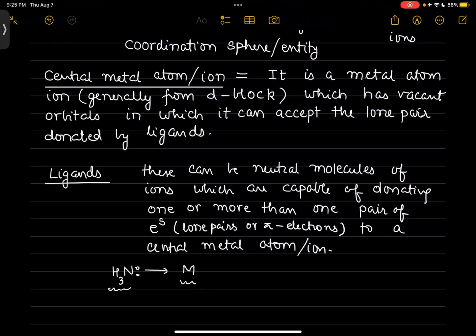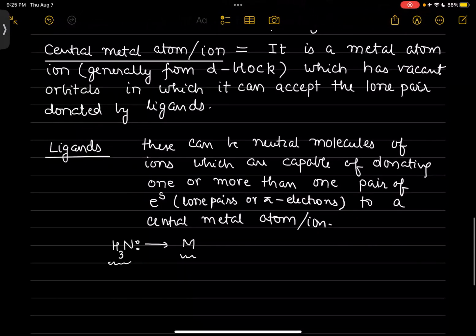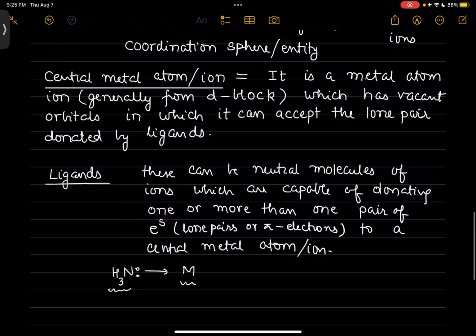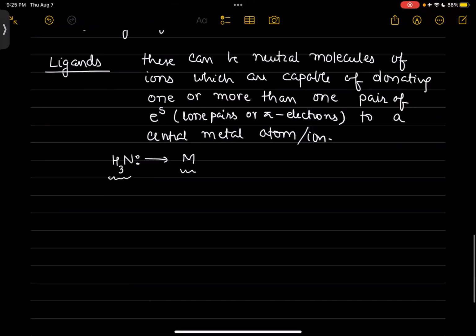Now the next part is coordination number. There is one more thing which we are not able to see in this formula, but we will be able to see when we write the complete, detailed structure.